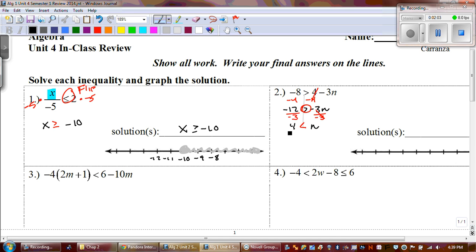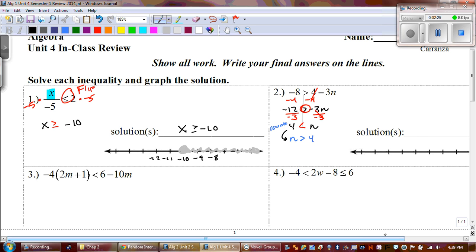And the last thing we want to do is we want to rewrite, okay? Because we always want the variable first and then the n. So is the inequality pointing at the 4 or the n? Well, it's pointing at the 4, so I'm going to make sure it stays pointing at the 4.